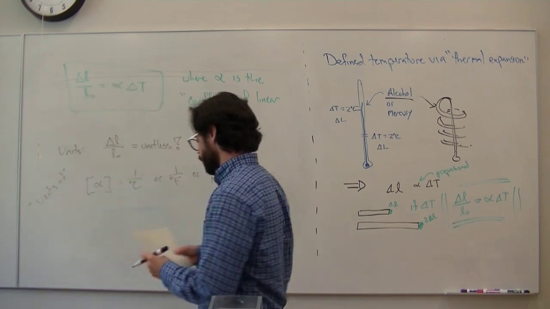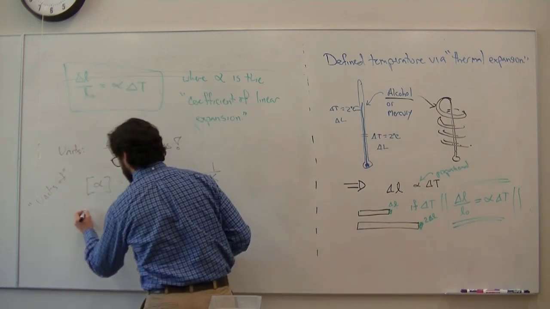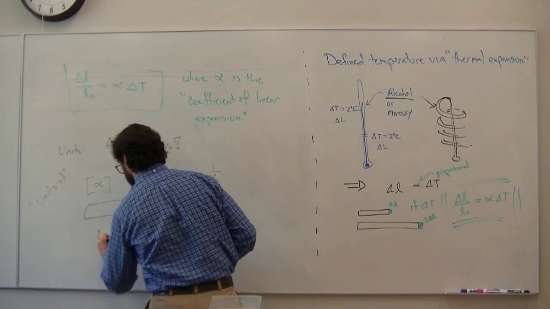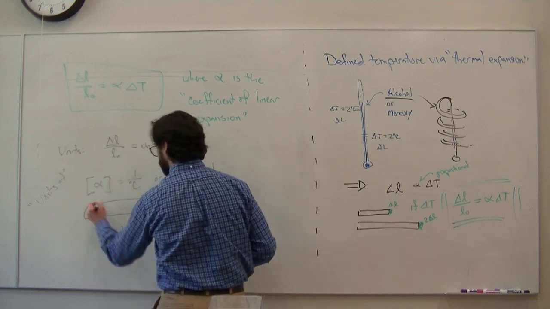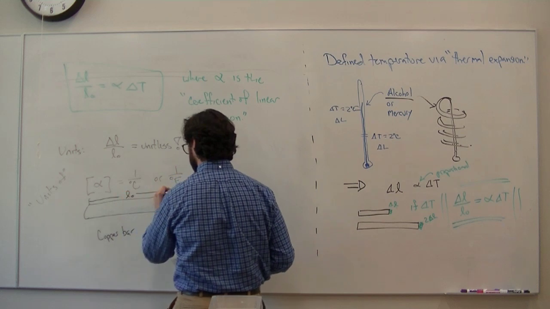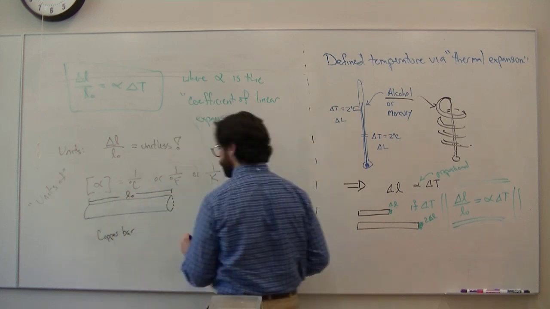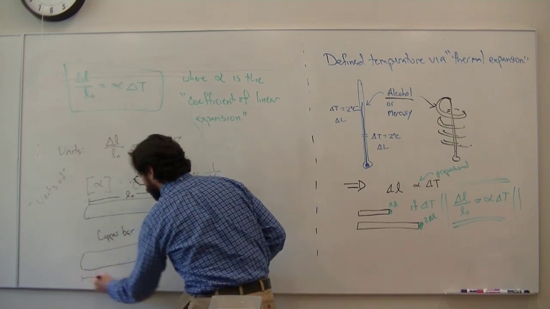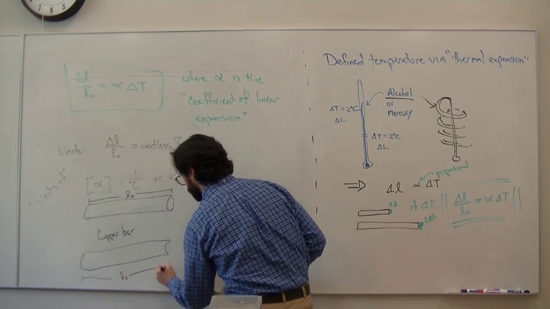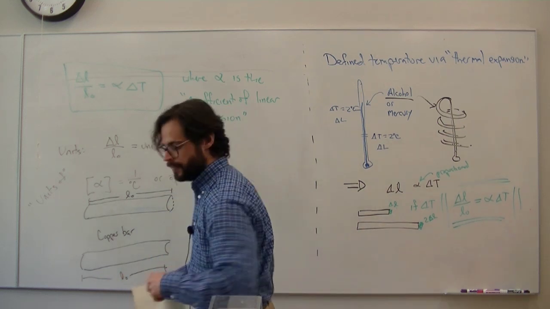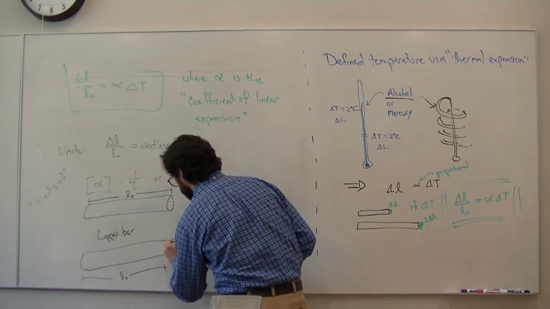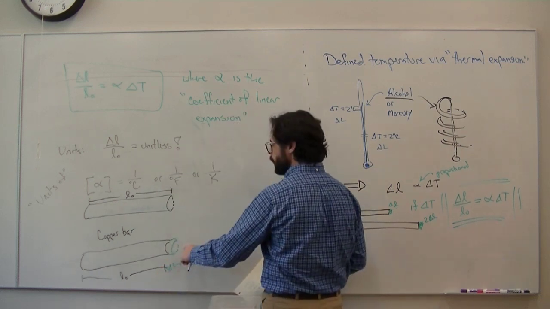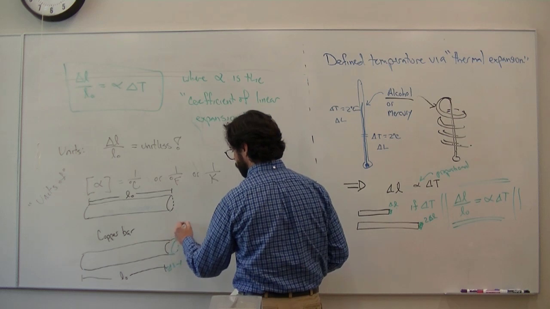Okay, so in a picture and an example, I might have something like this. So let's say I have a copper bar. It's got an initial length L naught, and then heat it up. And what I have is L naught plus delta L. And I would find that by this formula.